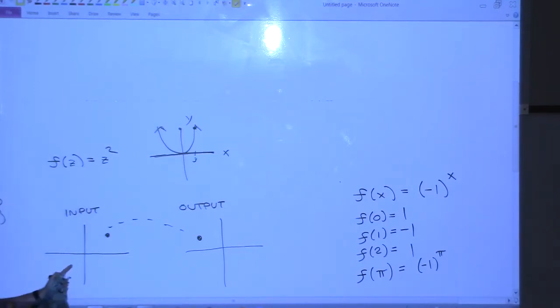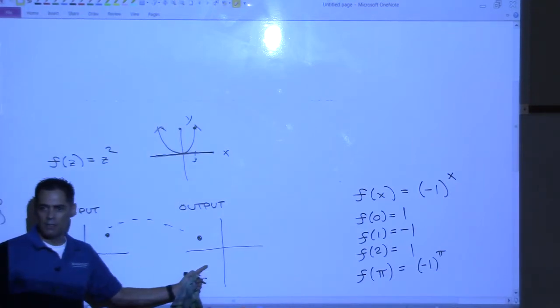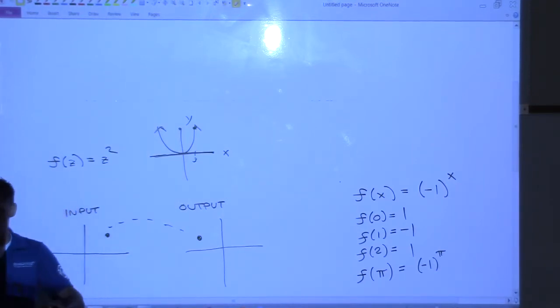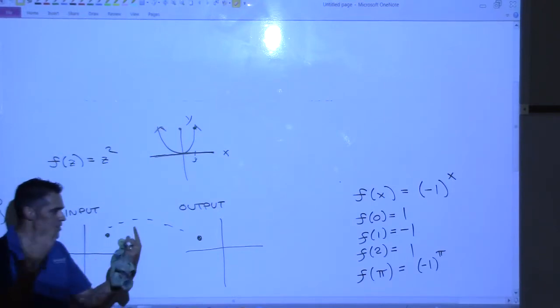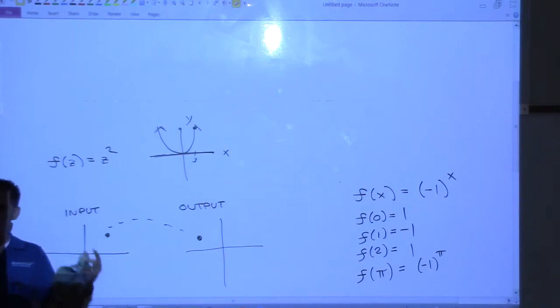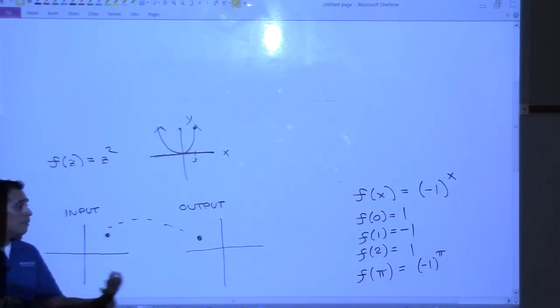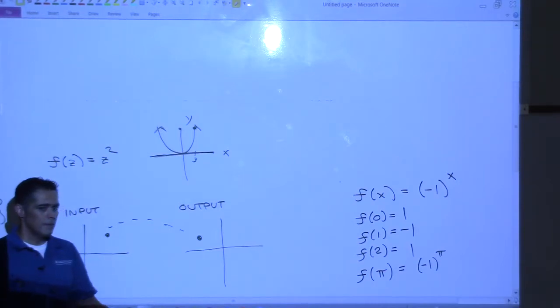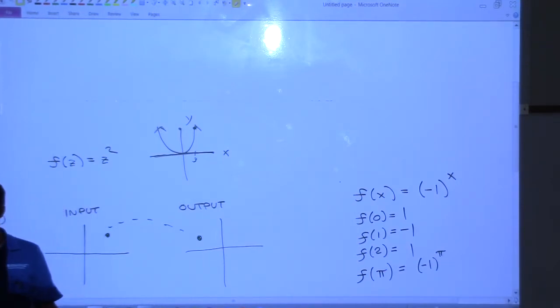How many dimensions do you have here? 2. How many dimensions do you have here? 2. And when you put those two together, you're going to need 4. And we live in three-dimensional space physically, so we can handle 3 dimensions. We all live in it, and I think we can visualize it and understand it. But what does something look like in 4-dimensional space? That's much more difficult to do, right?